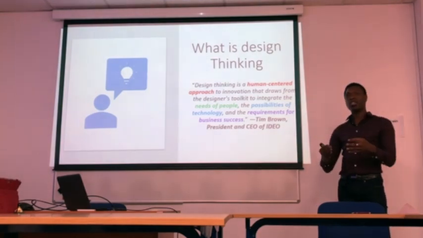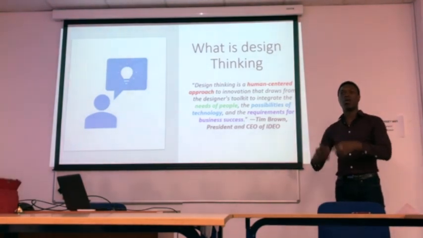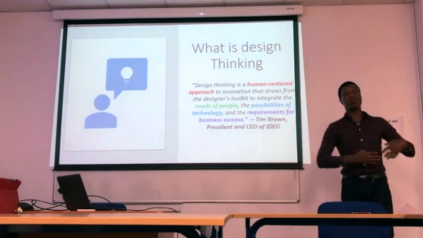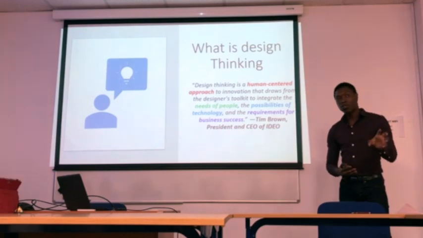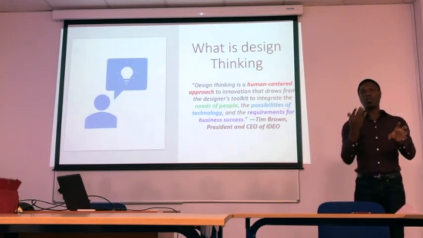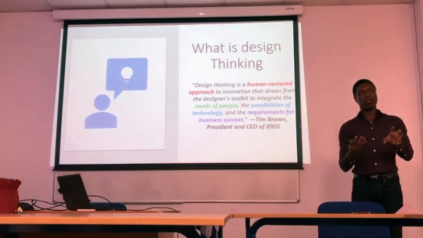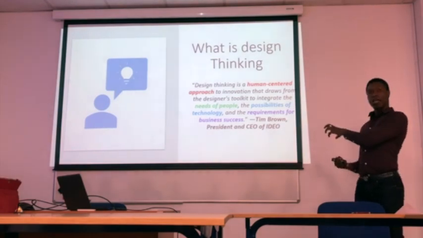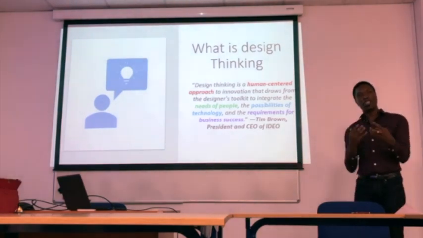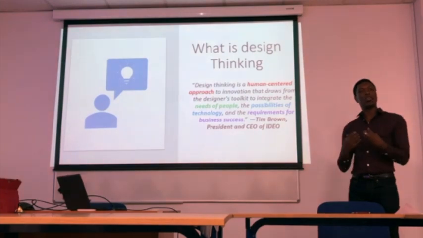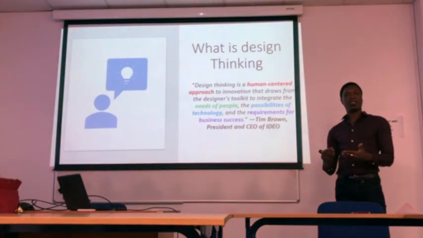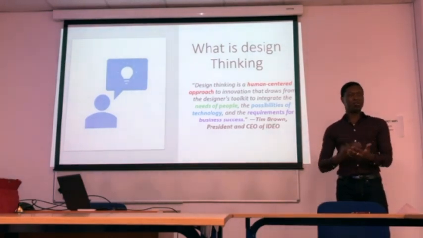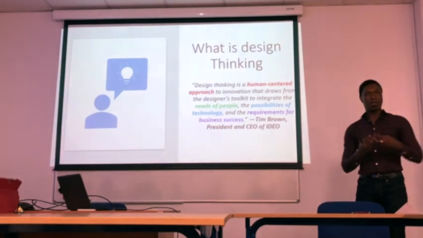And who are the people putting this technology in place? Generally, they are companies. So how can we also integrate the requirement of the business, knowing that the reason for a business is to make profit and to be sustainable? How can we combine these three aspects?